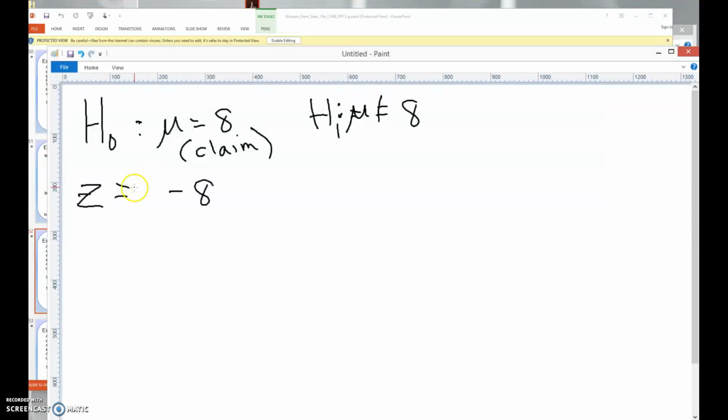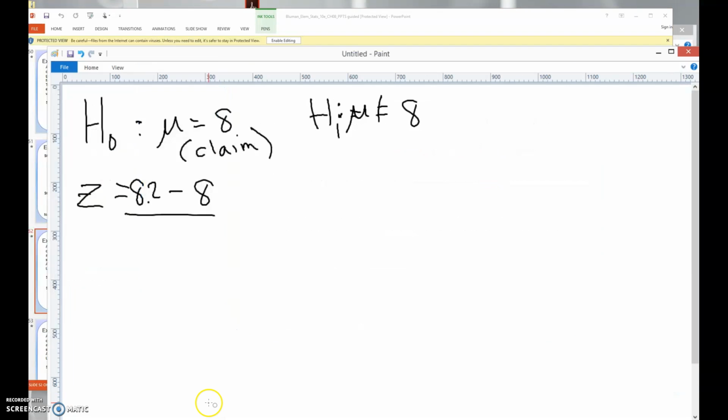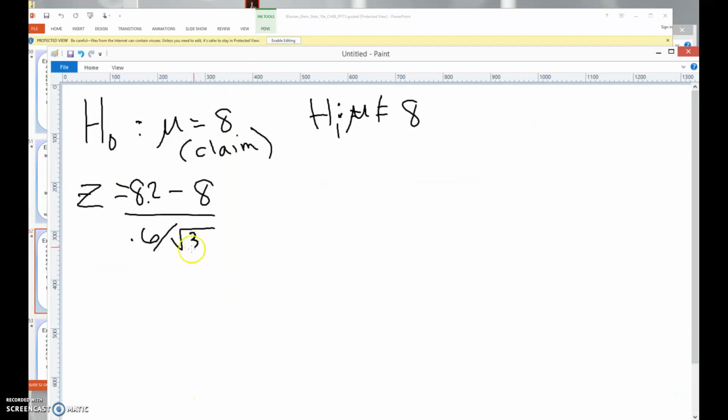So we'll put in 8.2, divided by the standard deviation of the population, which is 0.6, divided by the square root of the sample size, which was 32 days. Put this into our calculator, and our z-value becomes 1.89.